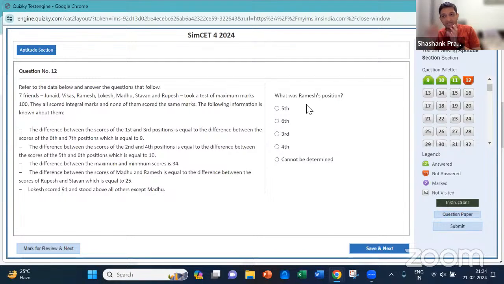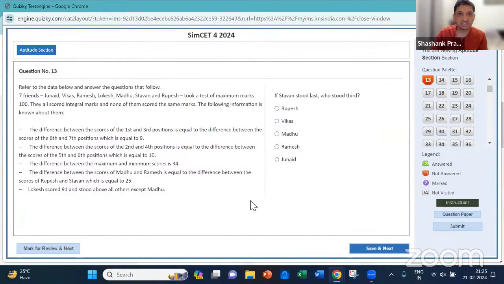Yeah, 65. 99, 65, 74. 91, 81. 65, 74. No no, this 84 will not come. 65, 74, 84 will not happen. No. So this can't be 65. Okay, let it be. I'll go for fifth. I'll guess this one.